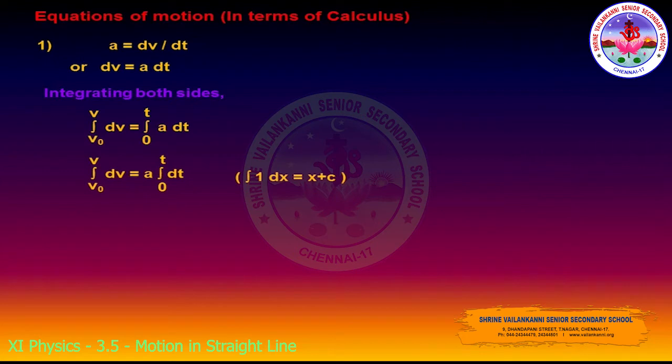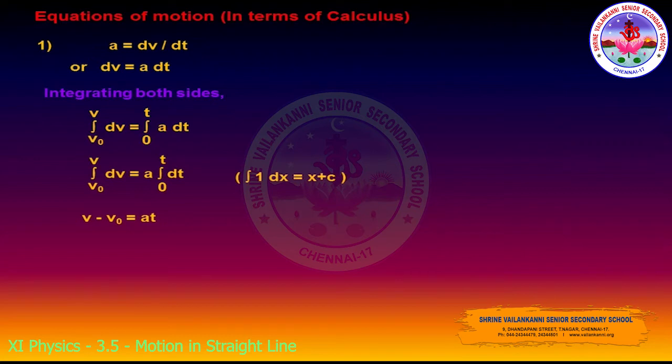Then after integrating, we have to apply the limits, the lower limit and the upper limit, right? After we apply the two limits, we will get v minus v naught, upper limit minus lower limit, which is equal to a t.